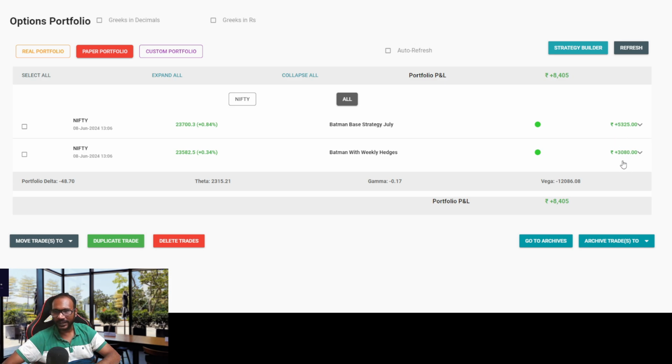Both returns are quite decent considering that we have deployed less than 1.5 lakhs and it has been only day 9. I wouldn't say this is the best return you can make, but given that you are making sure your capital is protected, the risk is very low, and profit is consistently increasing.